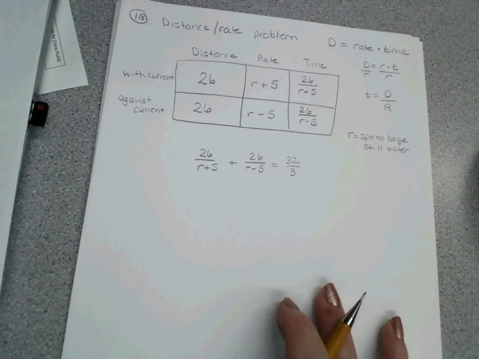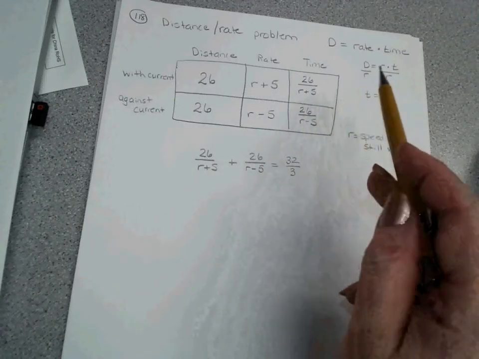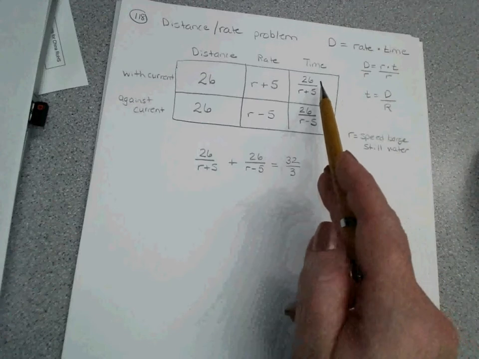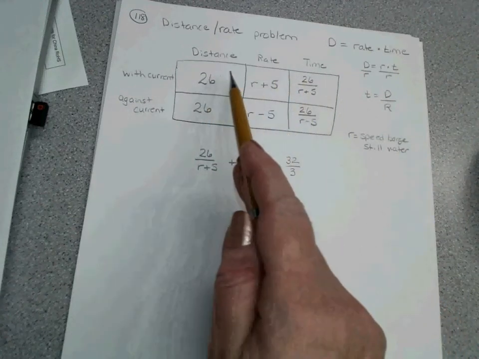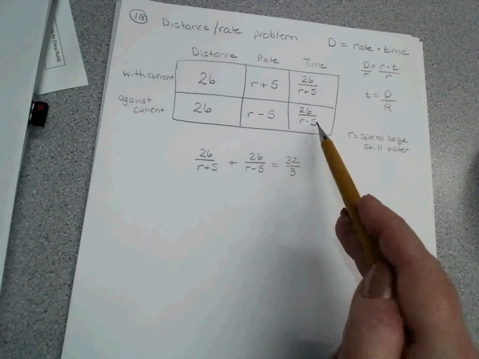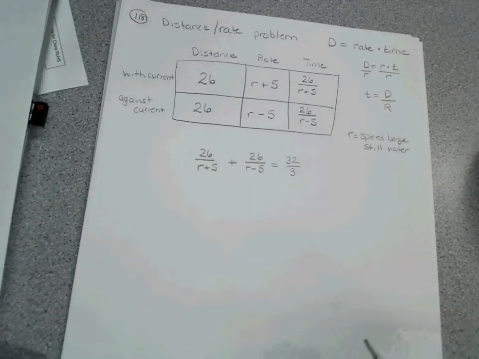Okay, let's go at it again. Distance equals rate times time. So if I want the time, because I haven't used that data yet, time is distance divided by rate. Time down plus time up equals total time. Okay.